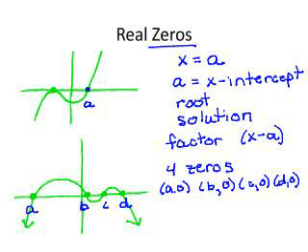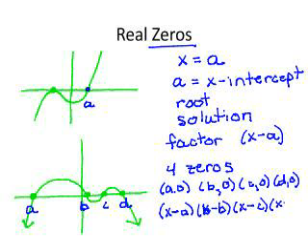If I were to write that polynomial in factored form, my factors would be x minus A, x minus B, x minus C, and x minus D.